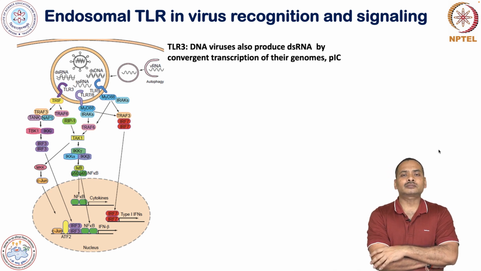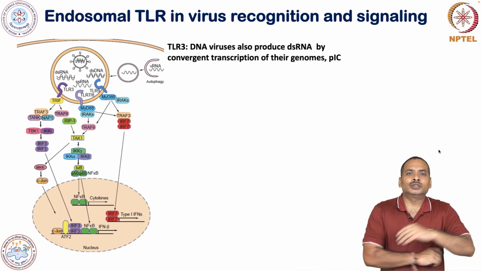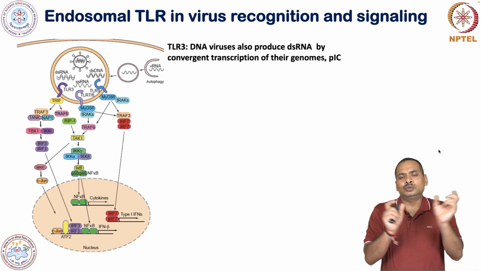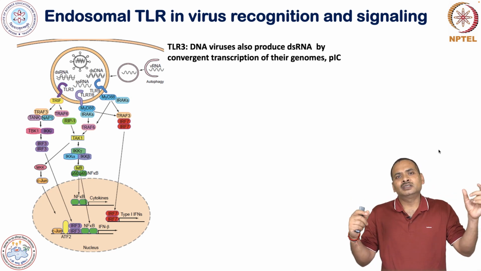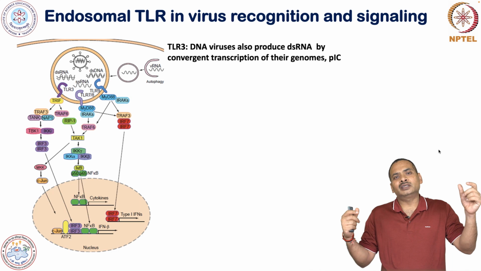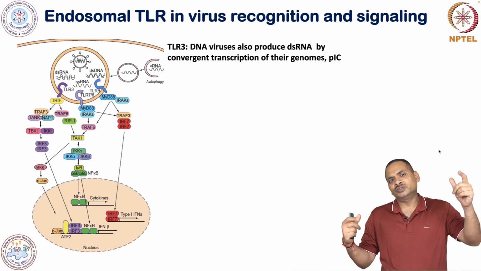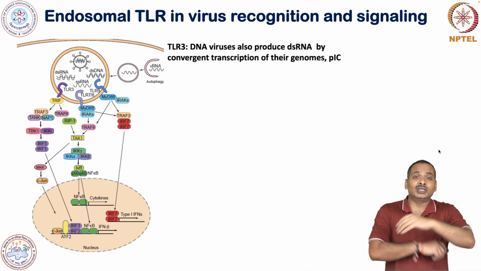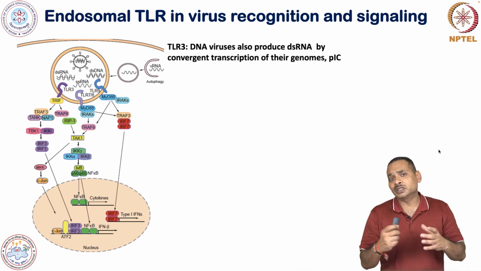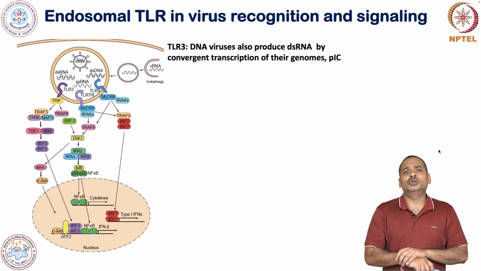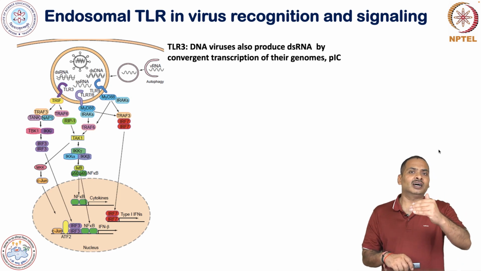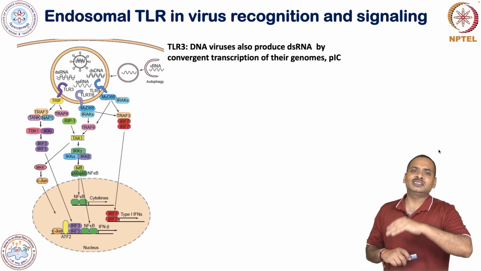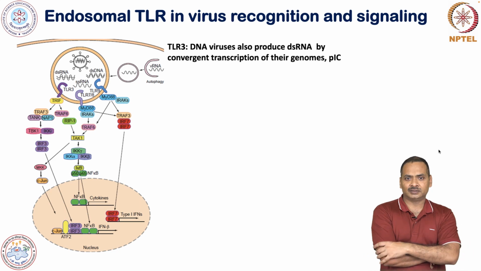What do you mean? There will be 2 promoters present on 2 different strands, so they can make RNA molecules, and those RNA molecules eventually become a double stranded RNA molecule, which will be sensed by TLR3.